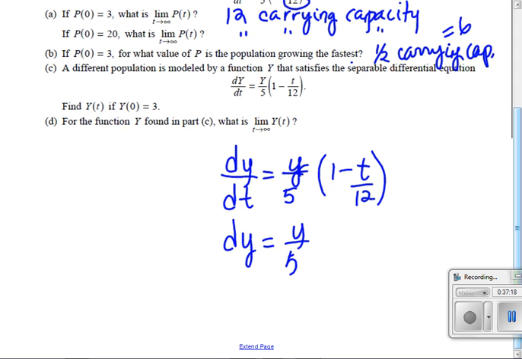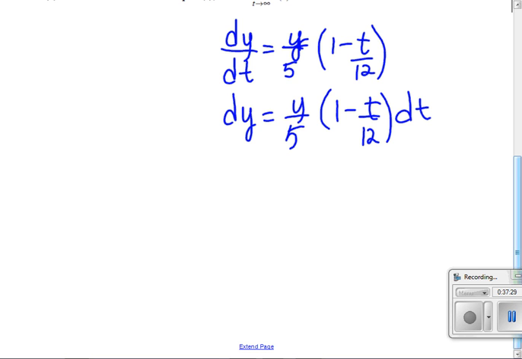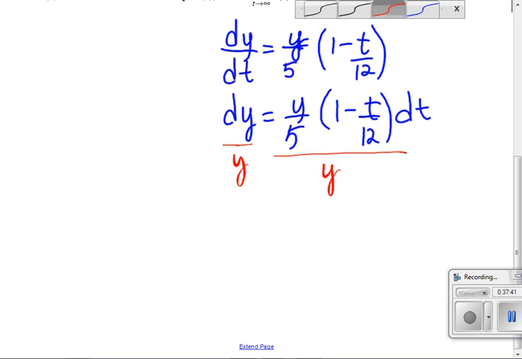Now what I do is I leave everything over here except for the variable I got to get rid of. And the variable I have to get rid of is y. So that ends up being dy over y, and remember last year there were a lot of answers with exponentials in it. This is going to have that as well.